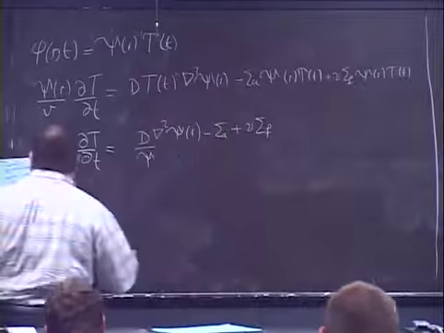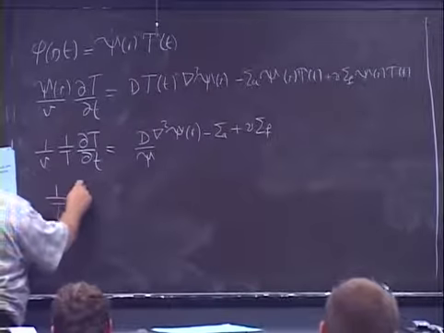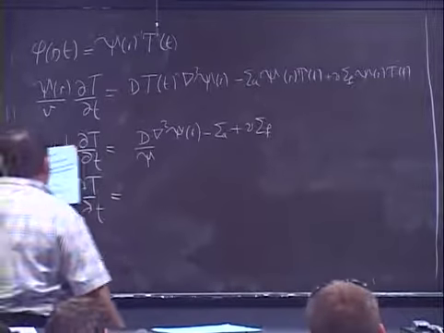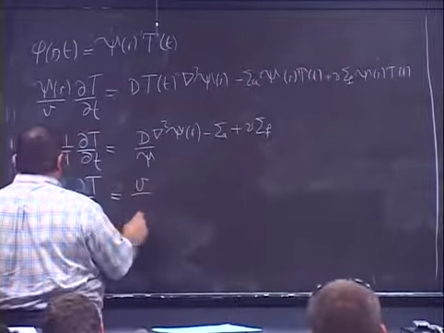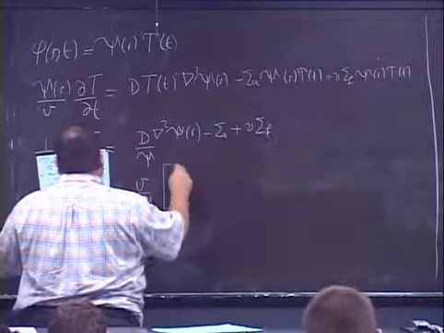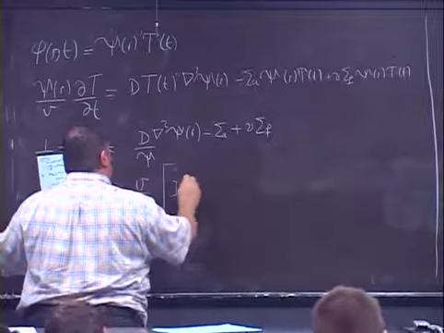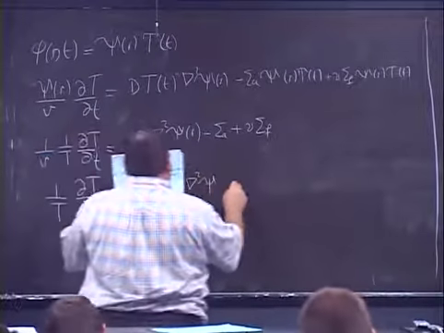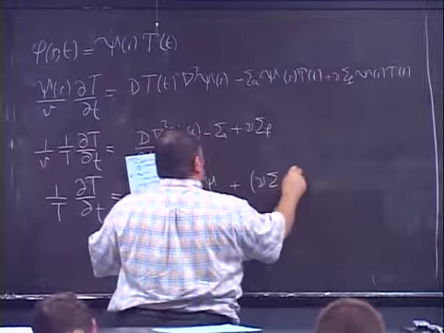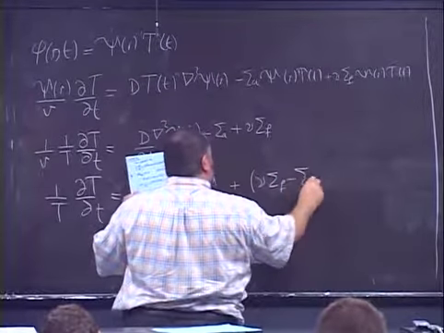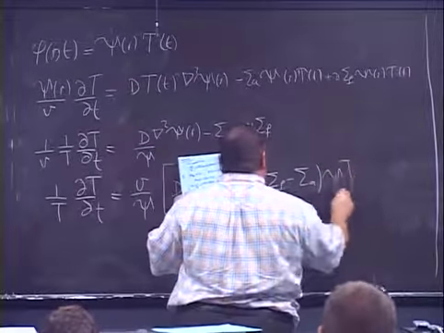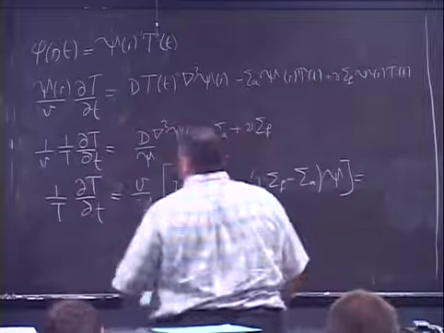Then if you rearrange, this gives 1 over T dT by dt equal to v divided by psi times D nabla square psi plus nu sigma fission minus sigma absorption psi, equal to each other.